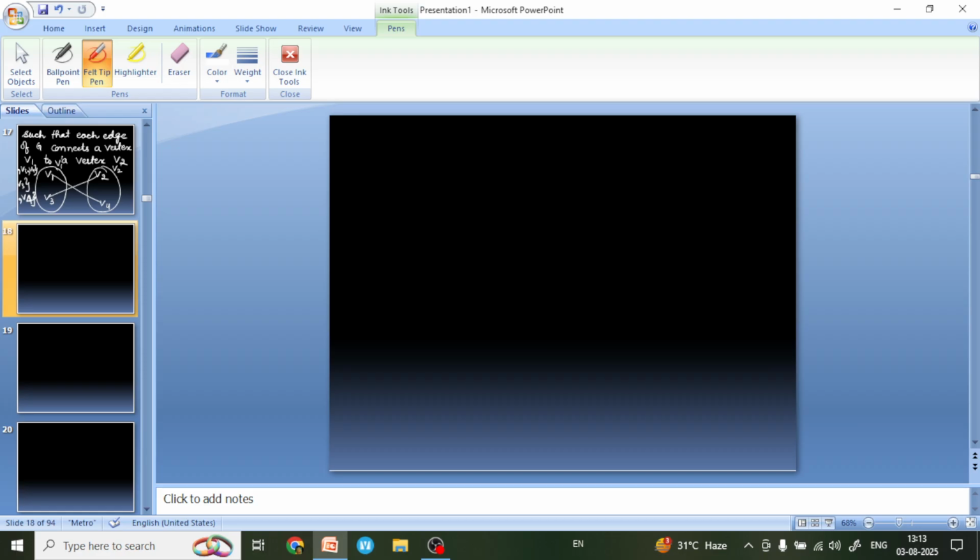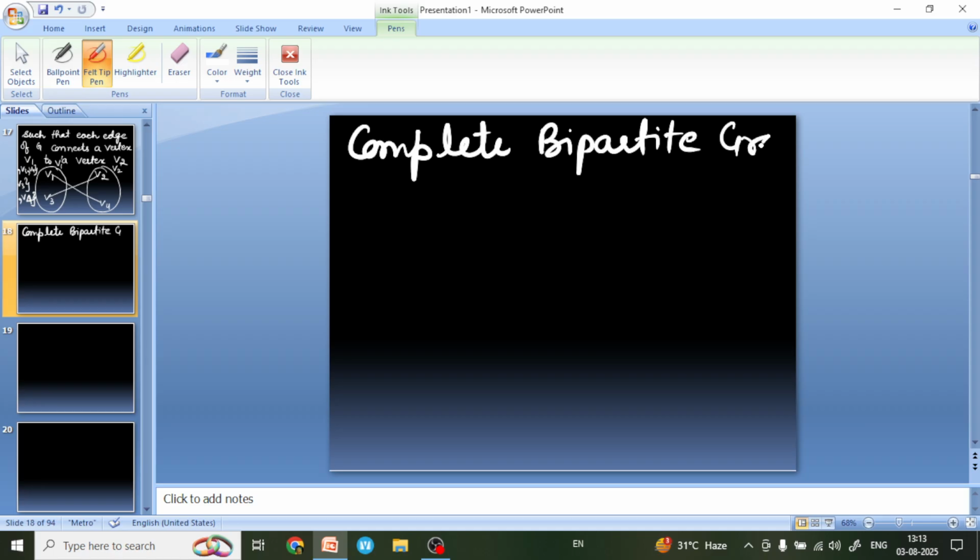Now next is a complete bipartite graph. When every vertex of V1 is adjacent to every vertex of V2, like this.